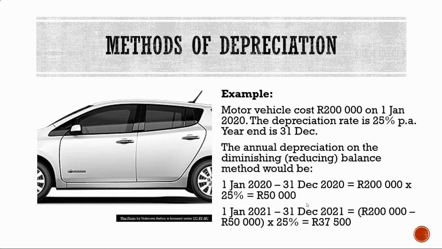So there's different reasons why people use the different ones. There's not an incorrect one per se. It's just based on management and shareholders' perception, they would prefer the one above the other one. Okay.